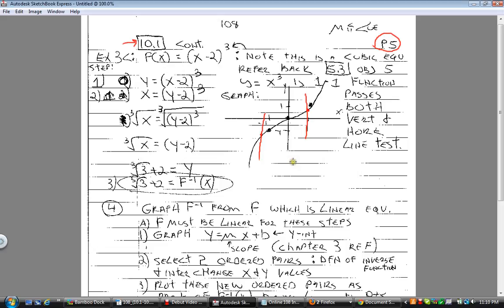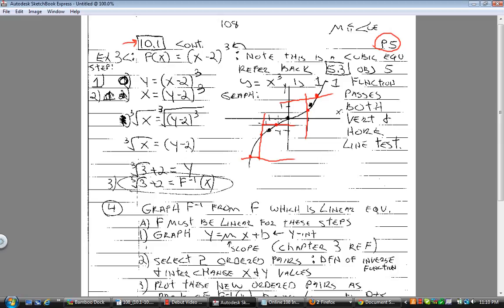Now our challenge is, is this a one-to-one function? I turn around, I start drawing some horizontal lines. Oops, try to draw them horizontal, excuse me. And it crosses the propeller only one time when I do it. So we've just proven real quick visually that all cubic functions are one-to-one.